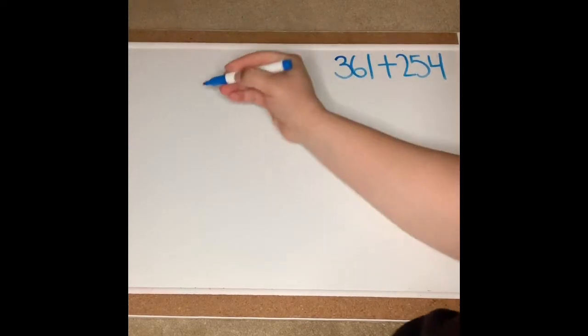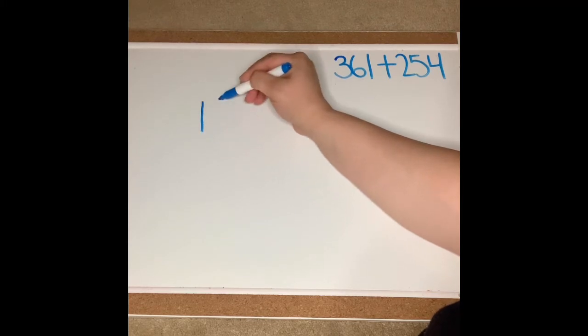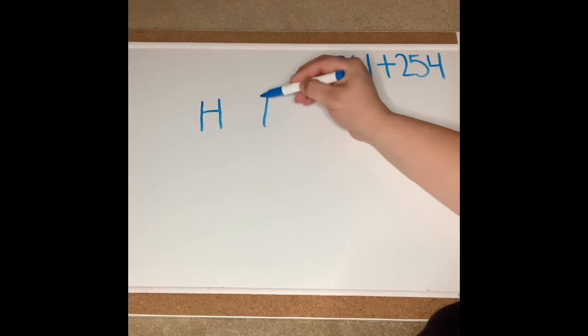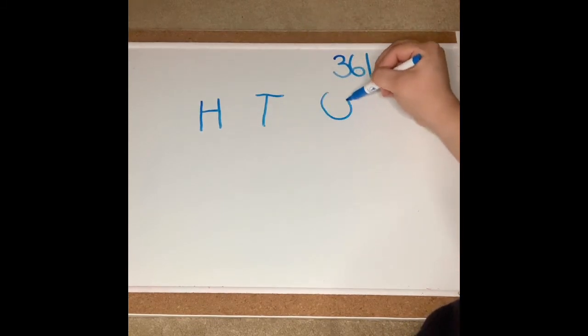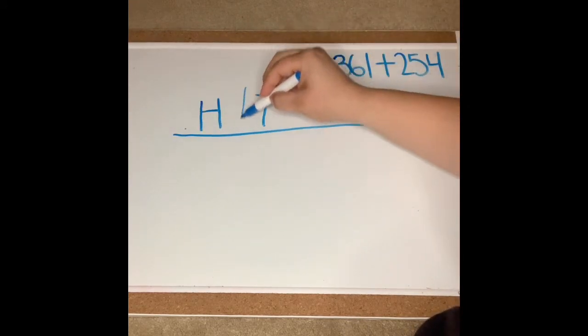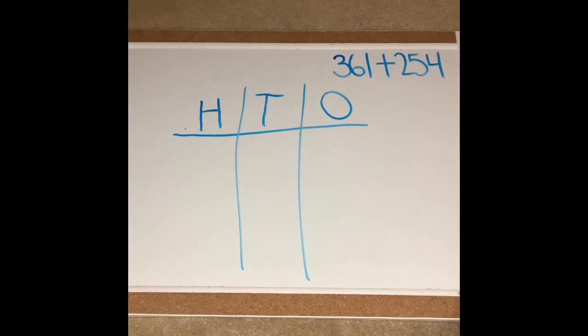So the first thing we need to do is draw our hundreds, tens, and ones place value chart. Alright, now that we've drawn our hundreds, tens, and ones chart, we're going to start building our numbers.